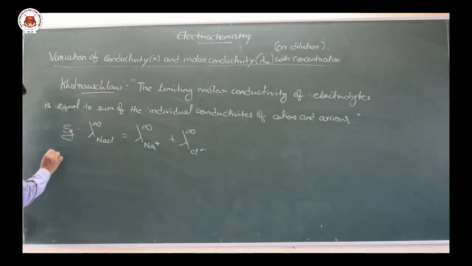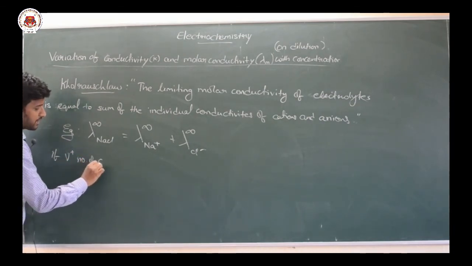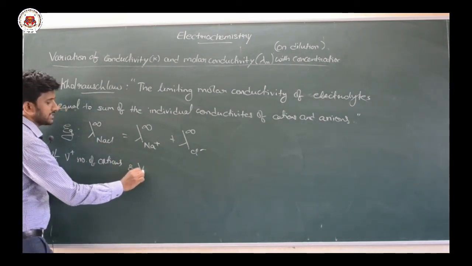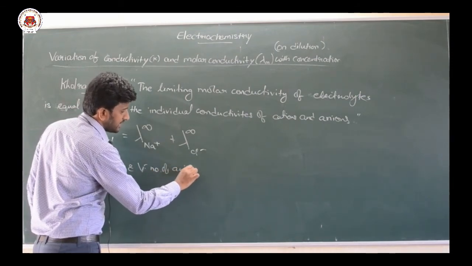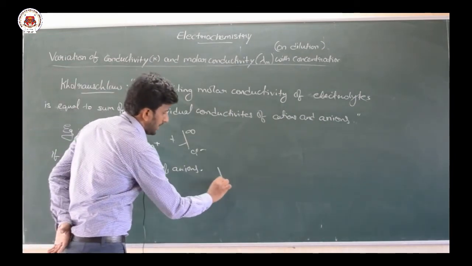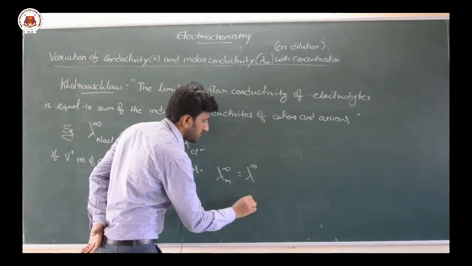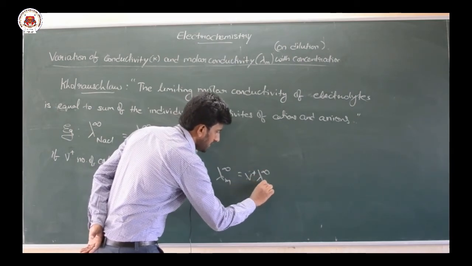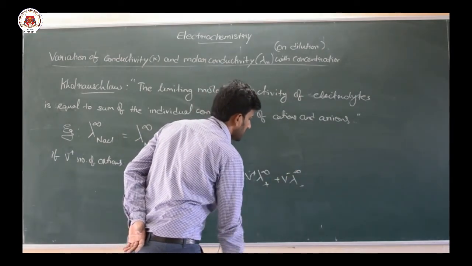If there are V plus number of cations and V minus number of anions generated in any electrolytic solution, then the lambda infinity m formula is V plus into lambda infinity of cations plus V minus into lambda infinity of anions.